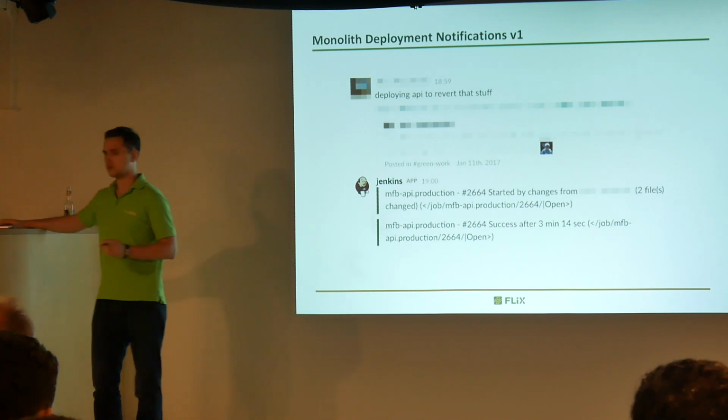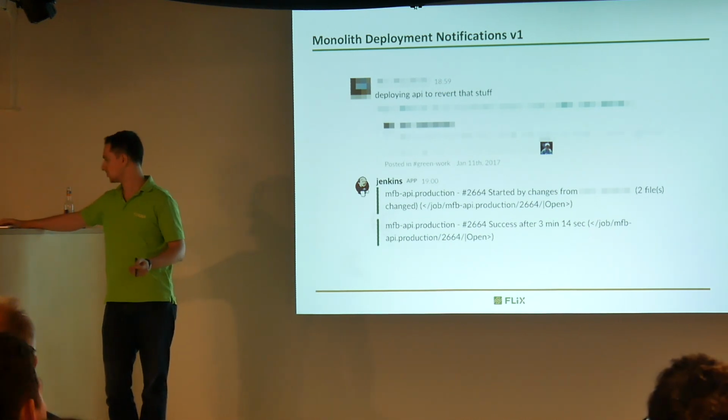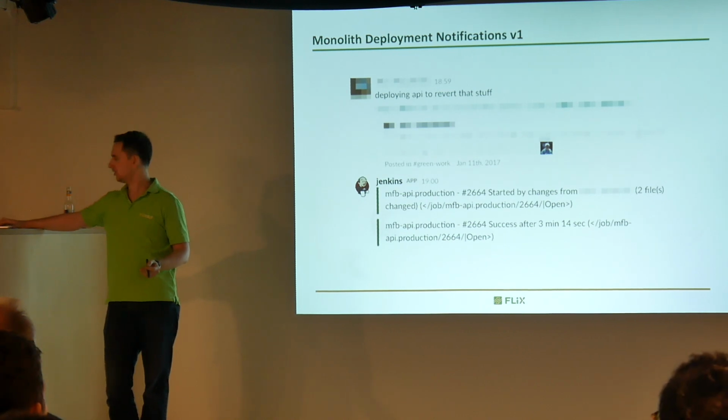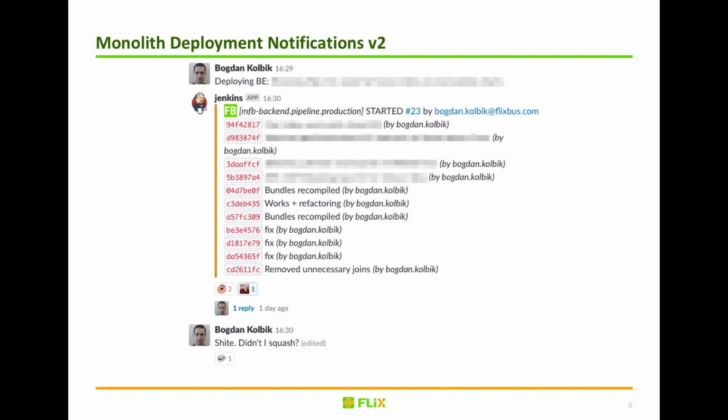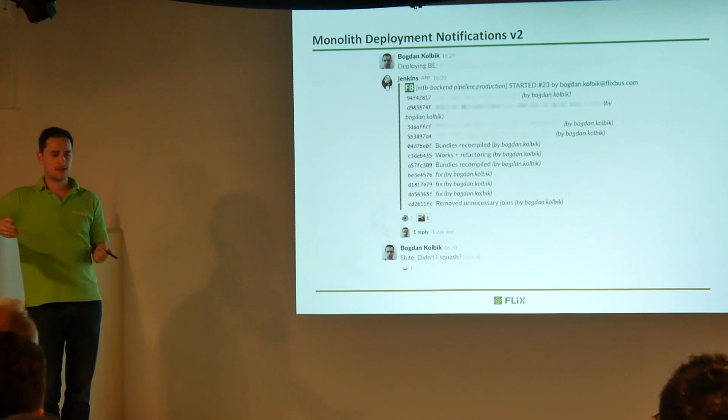Later we noticed Jenkins also shows you the diff which has been deployed, so we updated the notification to this. So now it also shows commit messages of the commits that are being deployed. And these red hashes are actually links to GitLab. So you can see every commit which is being deployed. So it's also very good.